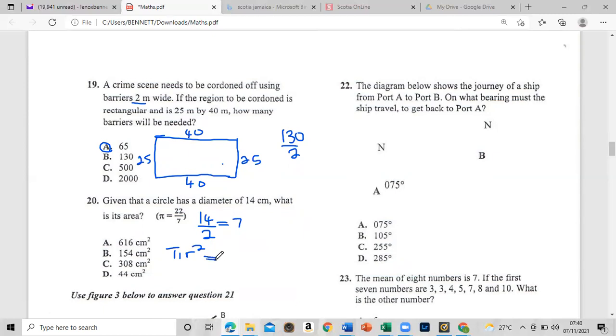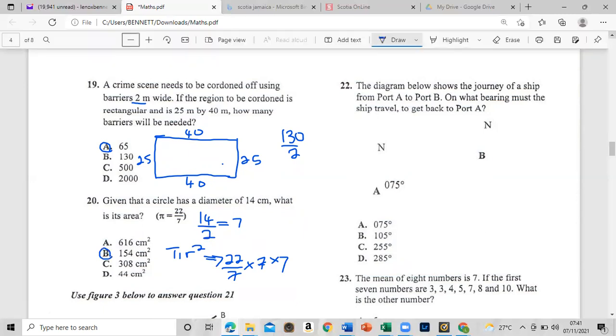I learned them when I was going to school to become a math teacher. When I was doing exams, we did not have the formula on the sheet. We had to memorize every formula. You guys are so lucky. So 7 times 7 times pi gives 154. This was done on my channel already.